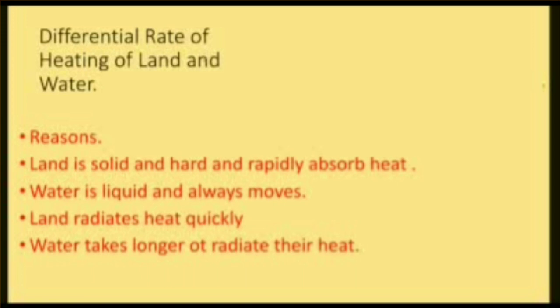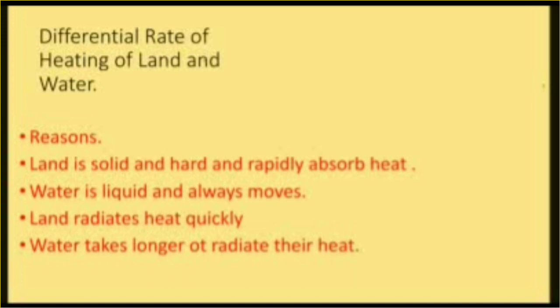Just take the example, if the water is kept in a bucket or in an overhead tank, it is static water, so it will absorb the heat and get heated up. But if the water is in an ocean or river, what happens? It always moves. So because of that, it receives the heat, but it does not get heated up. It remains cool as compared to the land area.